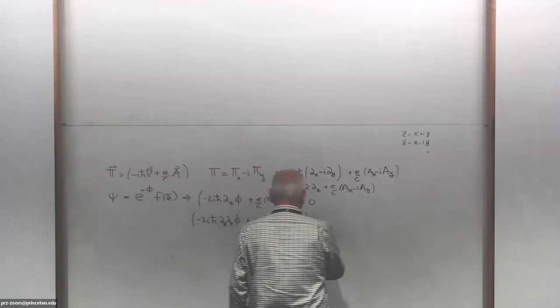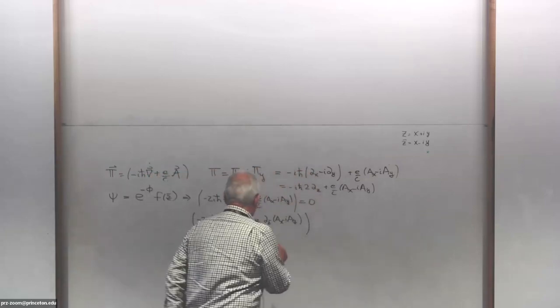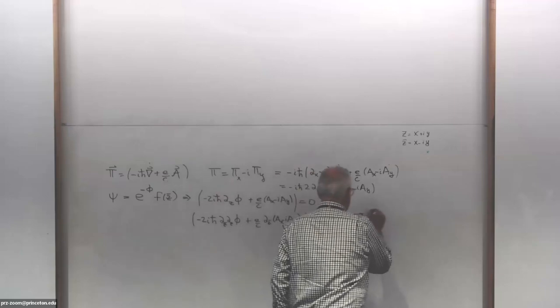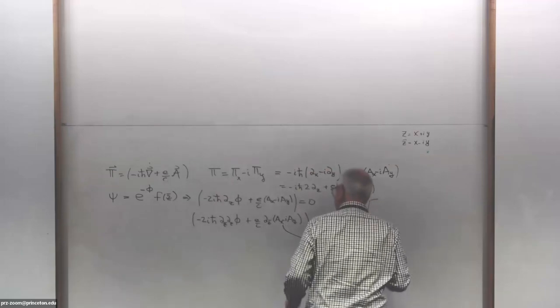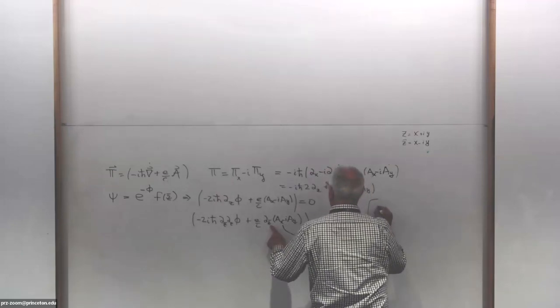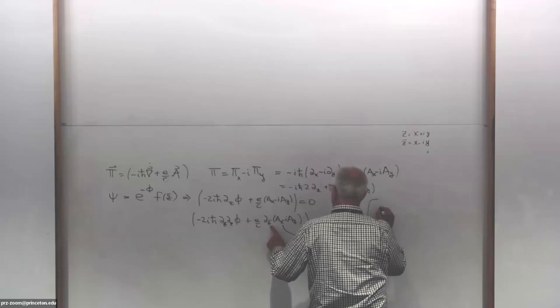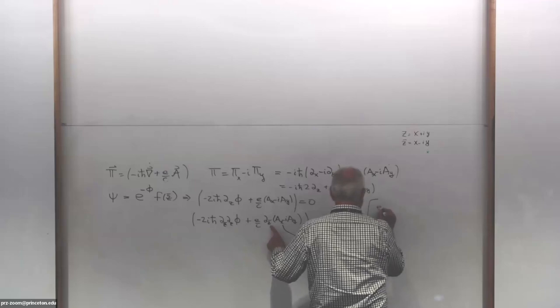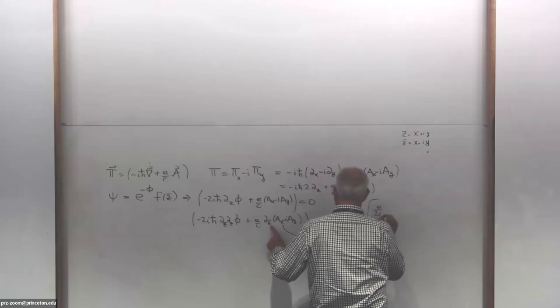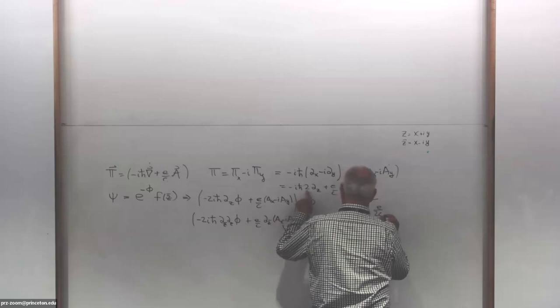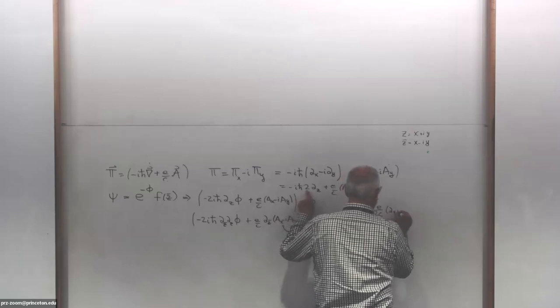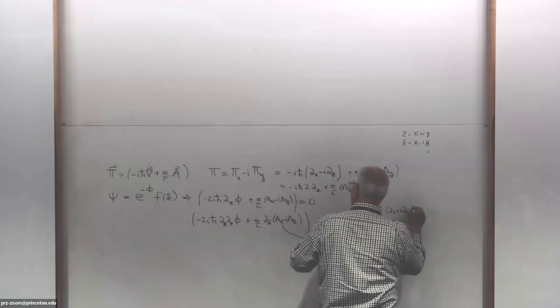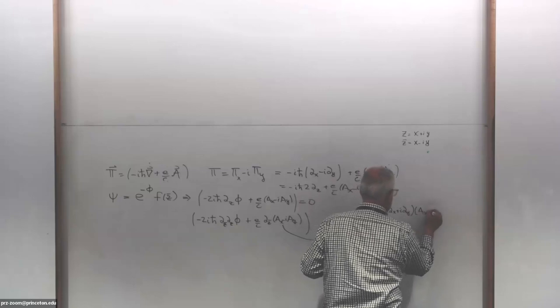Let me do a little side calculation. That's e over 2c, dx plus i dy of Ax minus i Ay.